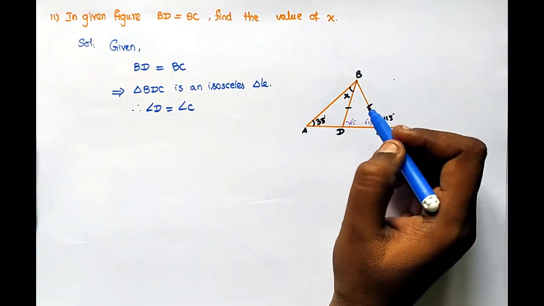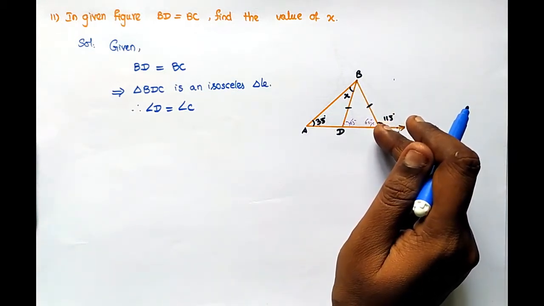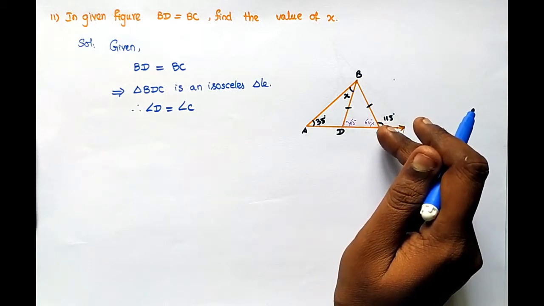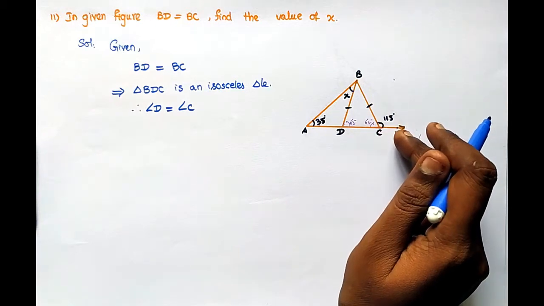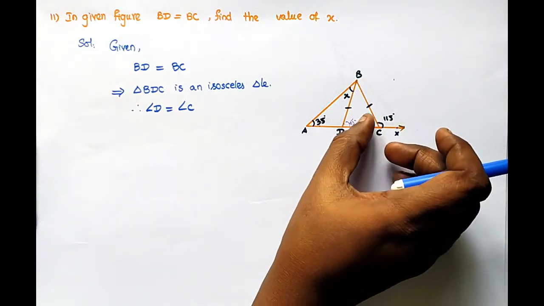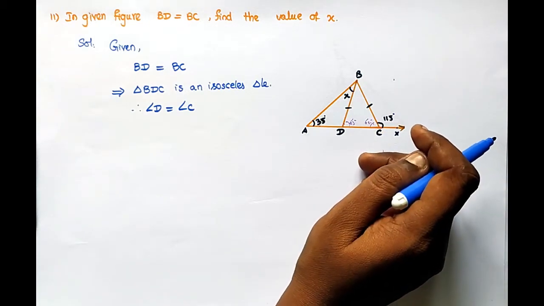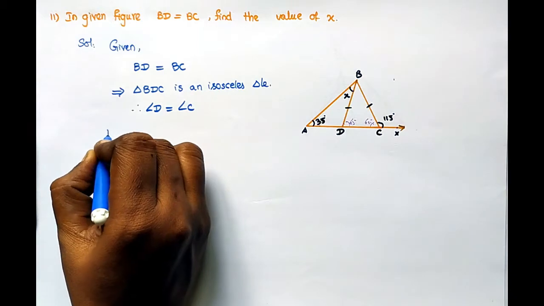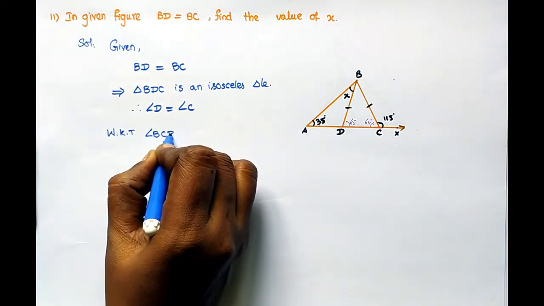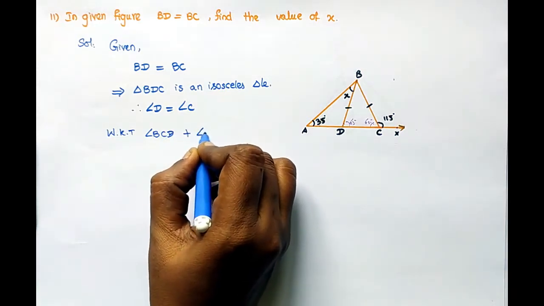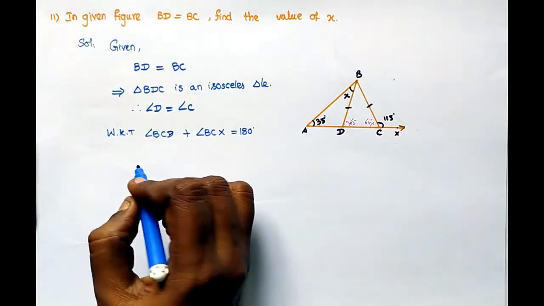Now, we know that angle BCD plus angle BCX equals 180 degrees. What is the reason? Linear pair.